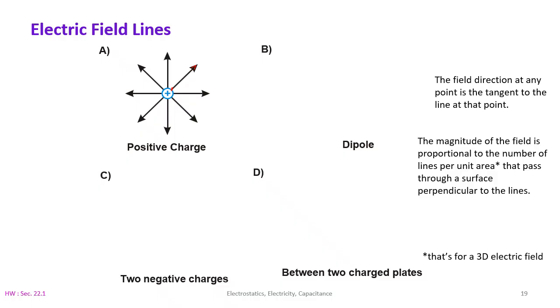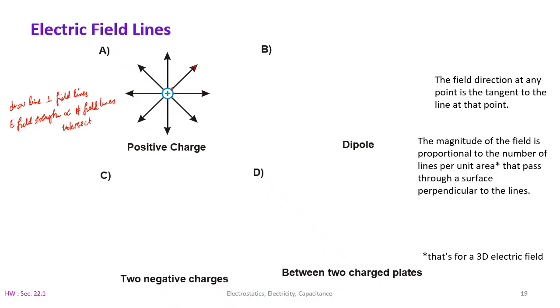So what we can do is we can draw a line, because we're looking at a two-dimensional situation. It can be a curved line, and it needs to be perpendicular to the field lines. So the magnitude of the electric field, also called the electric field strength, is proportional to the number of field lines that intersect with the line that you drew.